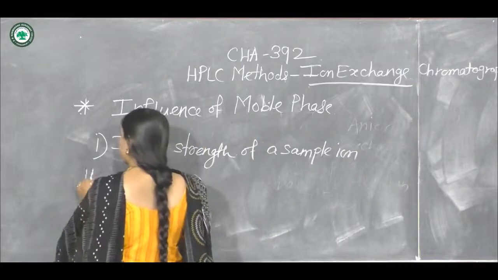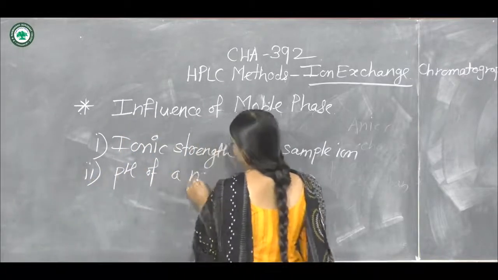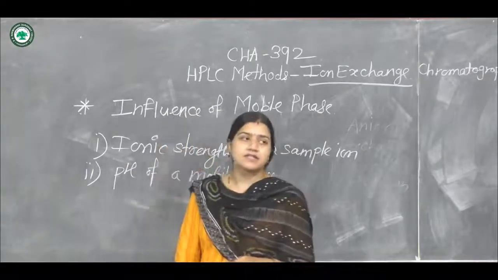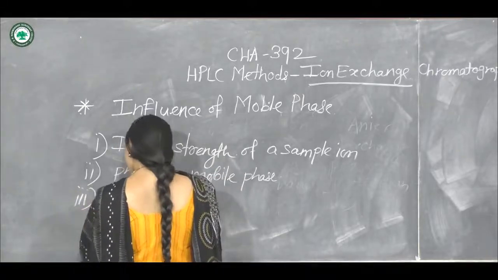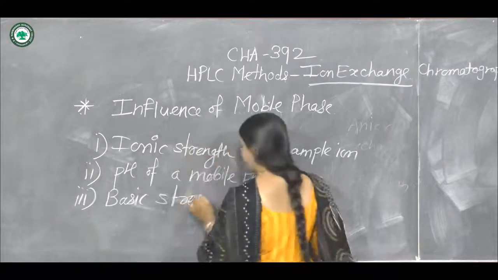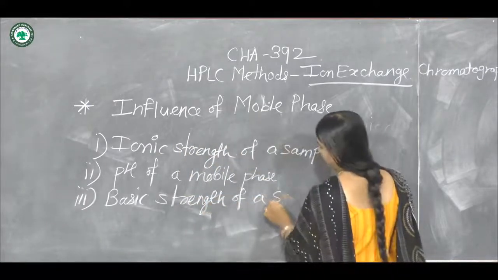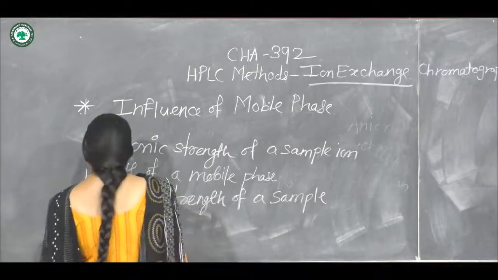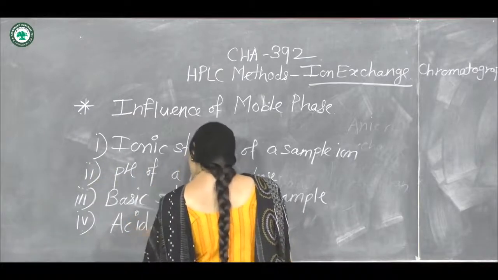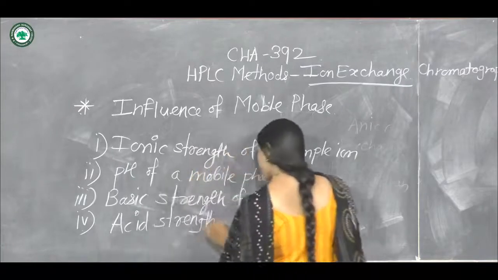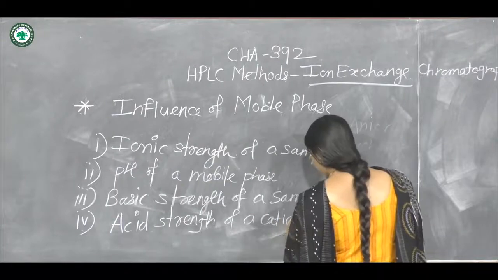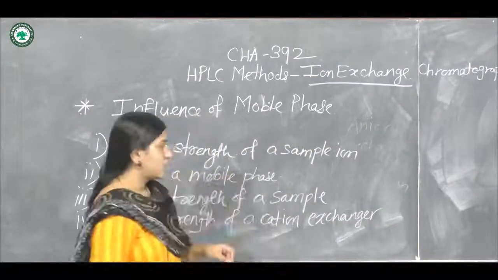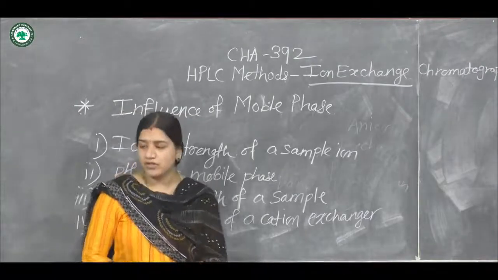Then the second thing is the pH of the mobile phase. Then next is the basic strength of a sample, then the acid strength of a cation exchanger. All these are factors which influence the mobile phase.